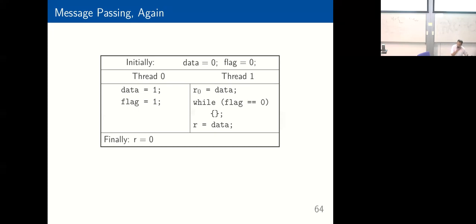Your compiler now takes this program and has a go at compiling it. What a compiler might say is, look, I have 2 loads from data. On that thread, nothing else is writing to data. So as far as local things go, that doesn't look like it's changing.